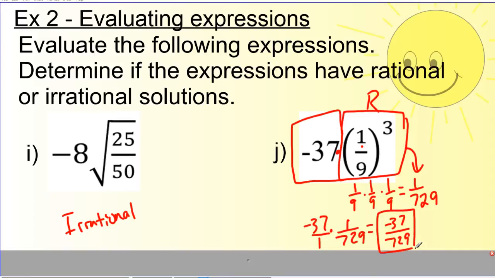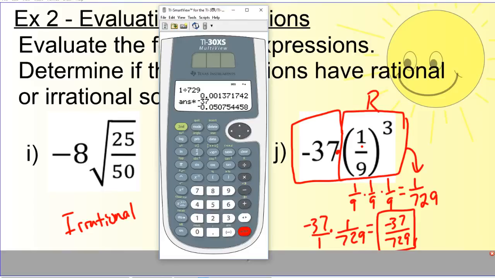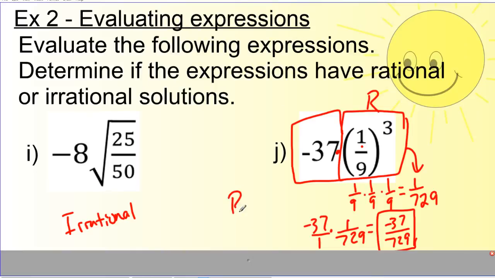This, as ugly as it is, is still a rational number. It is a fraction. There are no decimals inside that fraction, which means it is a valid fraction. It is rational. The decimal looks ugly. Sometimes it does. It is rational. So I need to say somewhere here, this is rational.